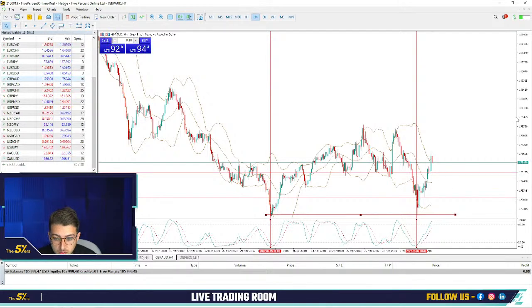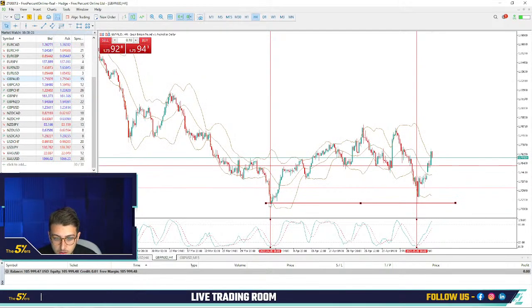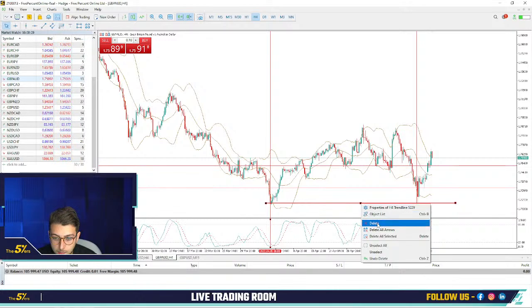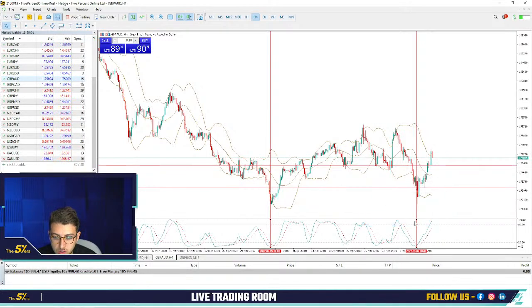Okay, here on the H4 it's very clear. You see especially this line holding with the stochastics very well. Actually here I don't know what to do too much, because we are especially at the average price, but definitely at that zone it was a nice spot to make something.